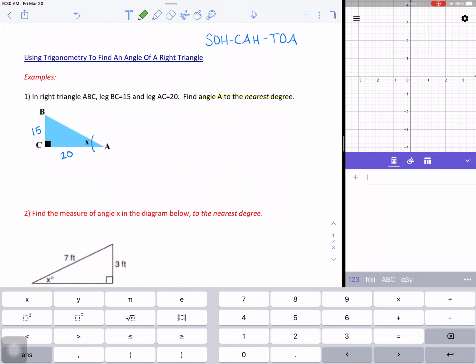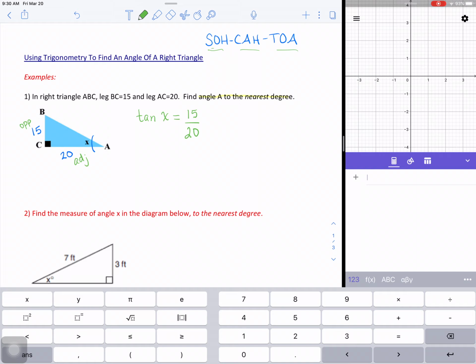Since BC is opposite the angle x and AC is adjacent to the angle x, when I think about SOHCAHTOA, I'm going to use tangent to find x, because the tangent of the angle is the ratio between the opposite side and the adjacent side. You know how to do that from when you were looking for missing side lengths.